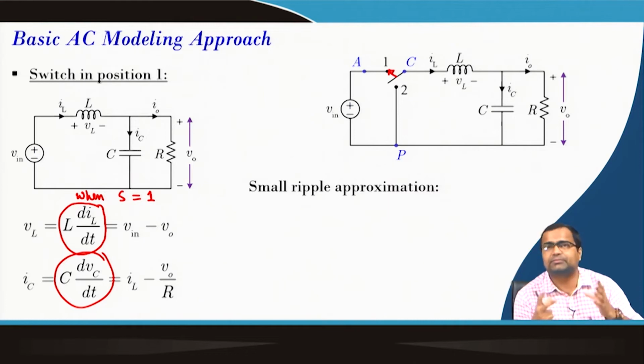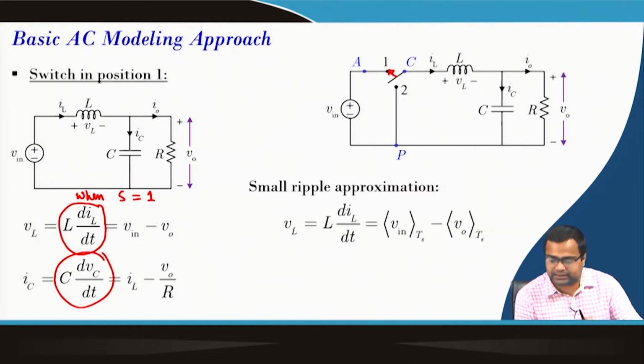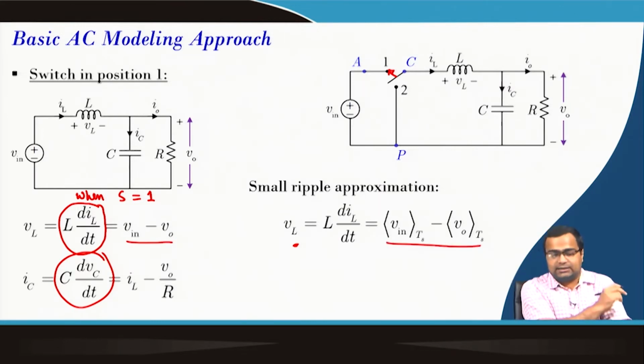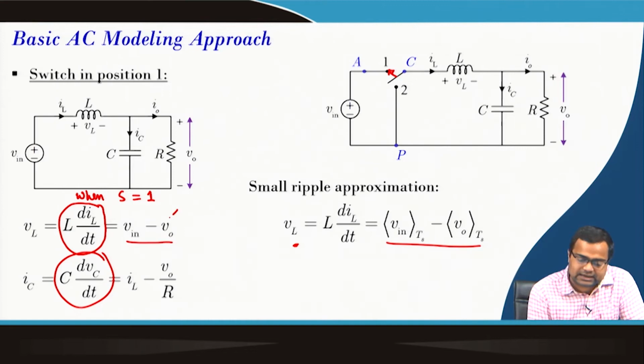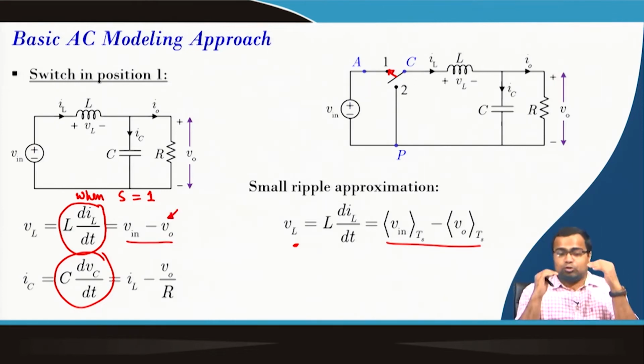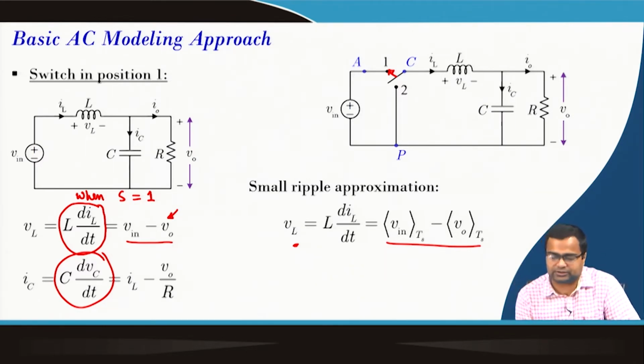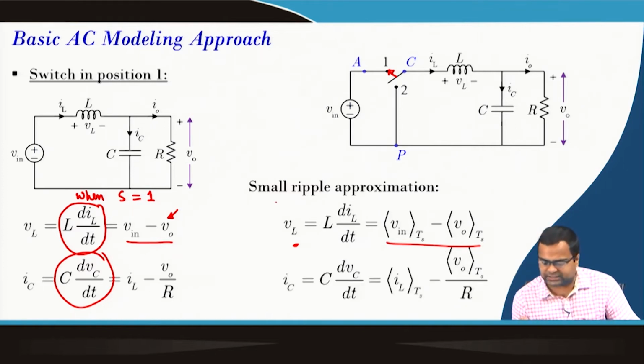So, it will also have some ripple information, and we approximate using the average quantity of the voltage across the inductor. The assumption is that the instantaneous output voltage consists of both average and ripple information, but here we only consider the average quantity and ignore the ripple. So, ripple is approximated to be very small.